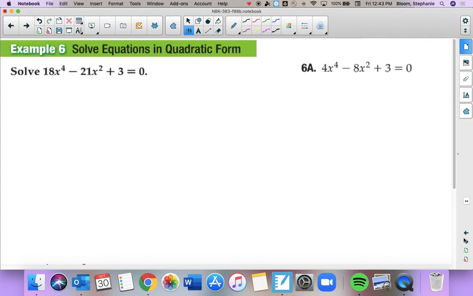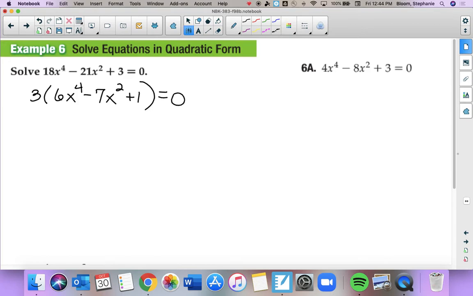So here's what I have. My very first example here, I have a trinomial, right? You know how to factor trinomials. So the first thing I would always do is, is there a GCF that I could take out of this? Yeah. Okay, so let's take out a 3. So I would have 6x to the 4th minus 7x squared plus 1 equals 0.